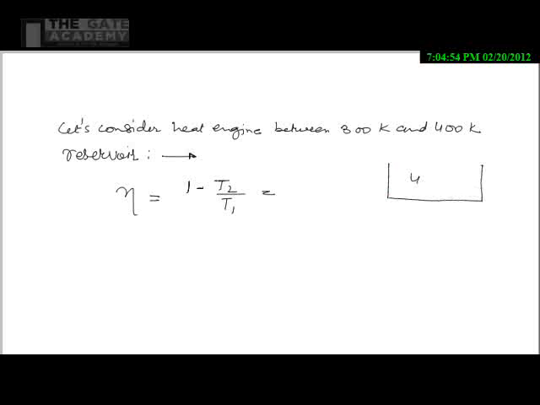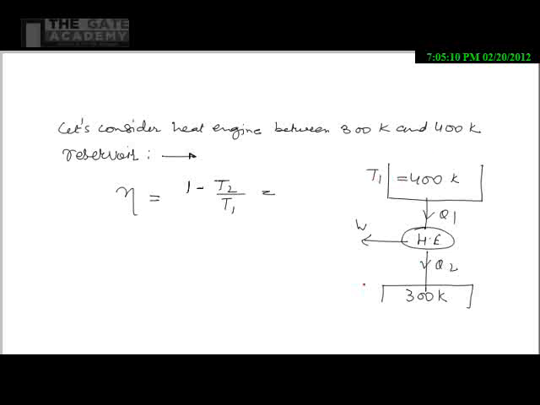This one is 400 Kelvin, this one is 300 Kelvin, and here the heat engine will work and it will produce W. So Q1, Q2. This one will be T1, this one will be T2. So here I will write 1 minus 300 by 400.